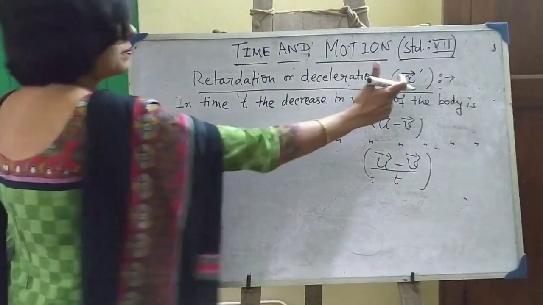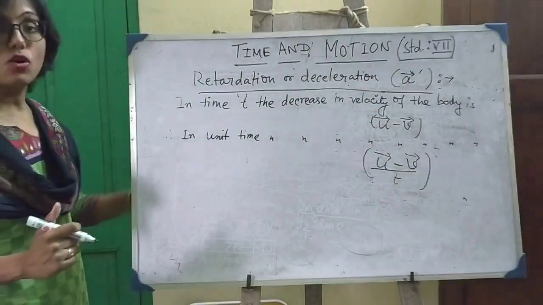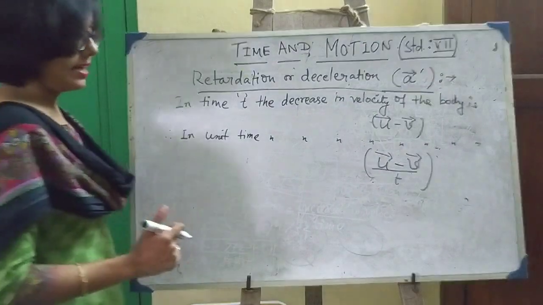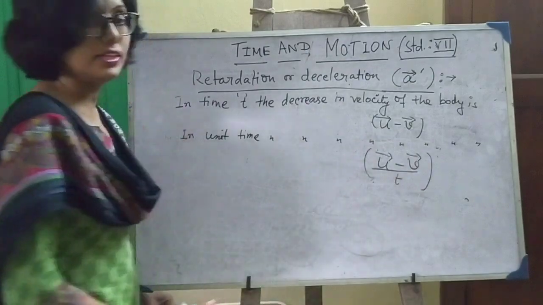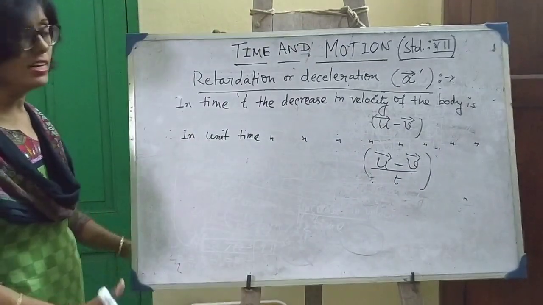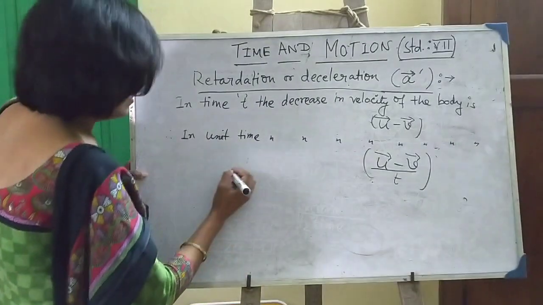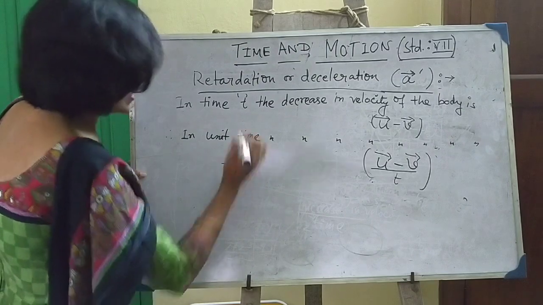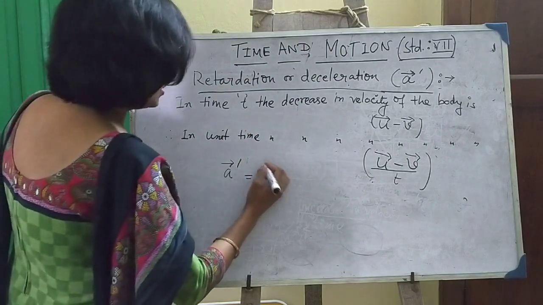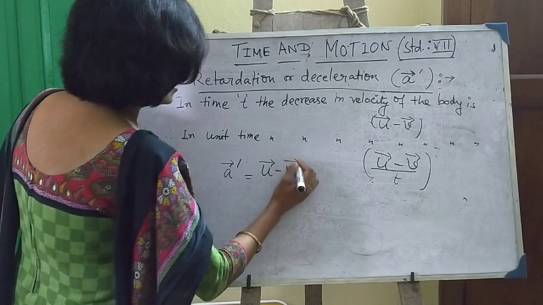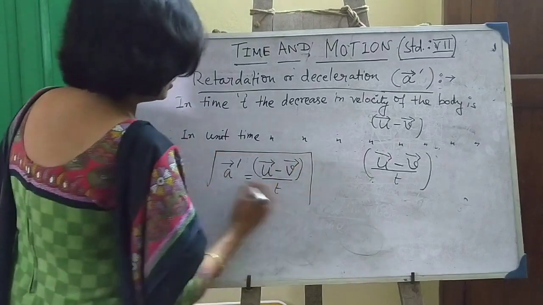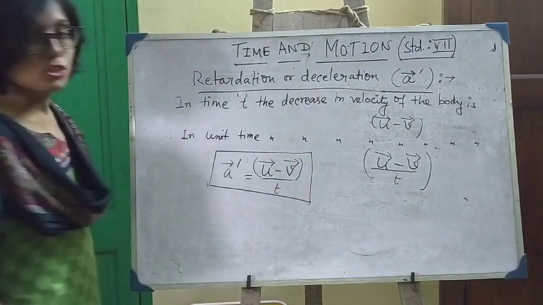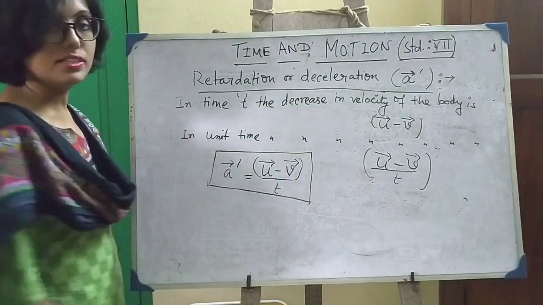So if a prime represents deceleration or retardation of the body, and we get the mathematical form as u minus v divided by t, then mathematically we can write that a prime, that is deceleration, is equal to u minus v divided by t. So what should be the definition of deceleration?